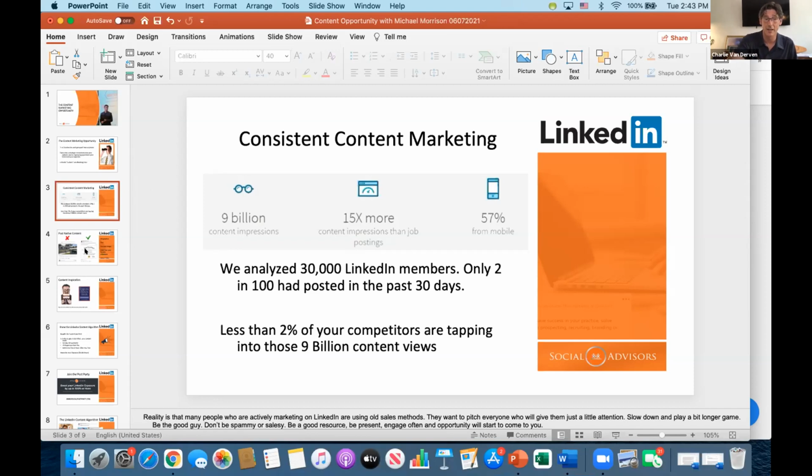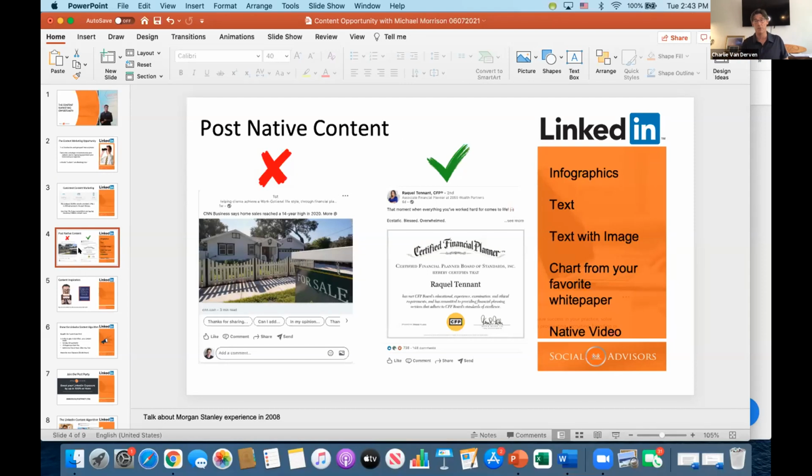So if you don't have a content plan around your brand on LinkedIn, let me give you a couple of little pointers on how to get started with content. First off, the most important thing for you to think about: post content that is native to LinkedIn. Our industry is notoriously bad at content marketing, right? So let's say, for example, your firm might use Hearsay, and then the firm pre-approves a whole bunch of articles that you can just schedule for delivery.